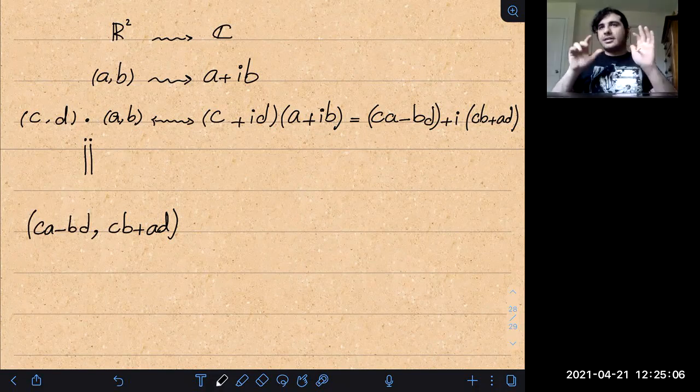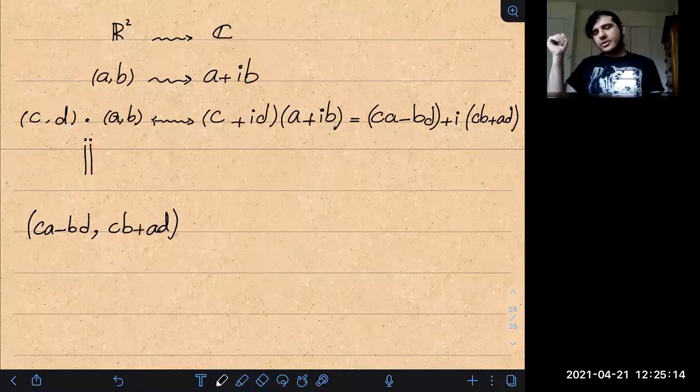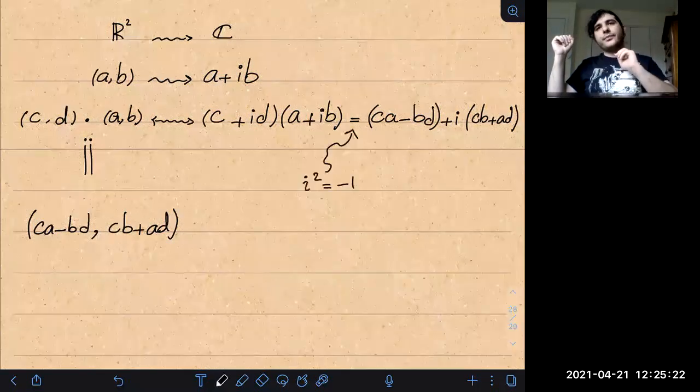But we prefer not to do that usually. We prefer to go to C as a complex number, and then on C we have this natural multiplication, because on C, i² is equal to -1, and we can just use that here.